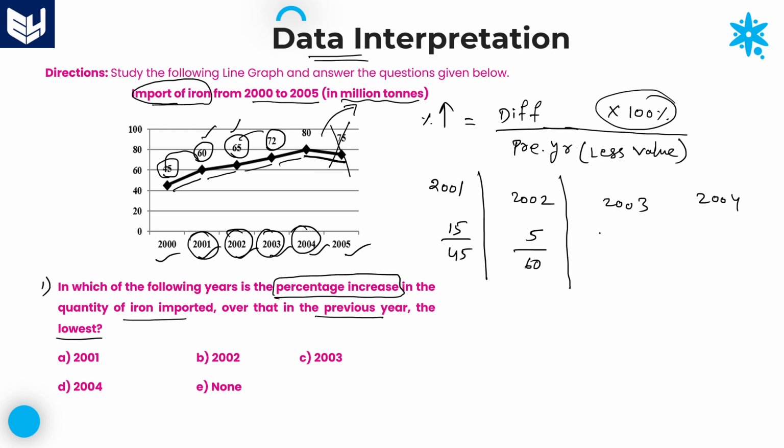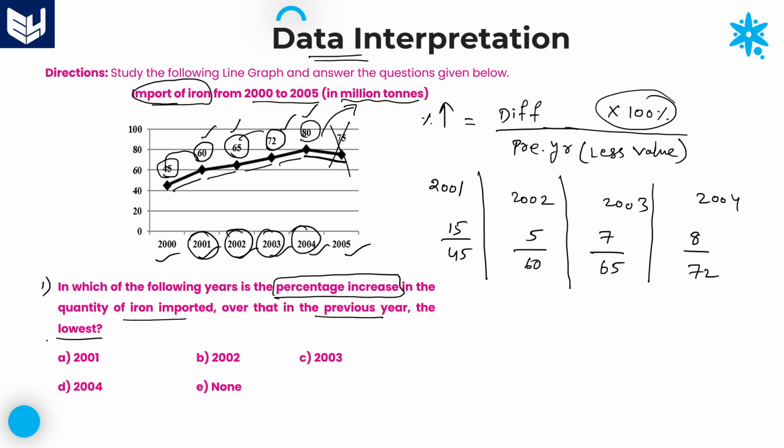The difference is 7, divided by 65. And 2004, the last year: the value is 80 and the 2003 value is 72. The difference is 8, divided by 72. Now we need to calculate the answer.